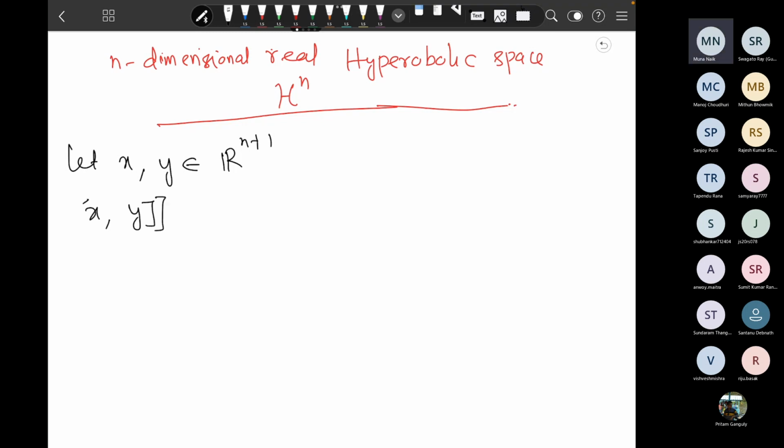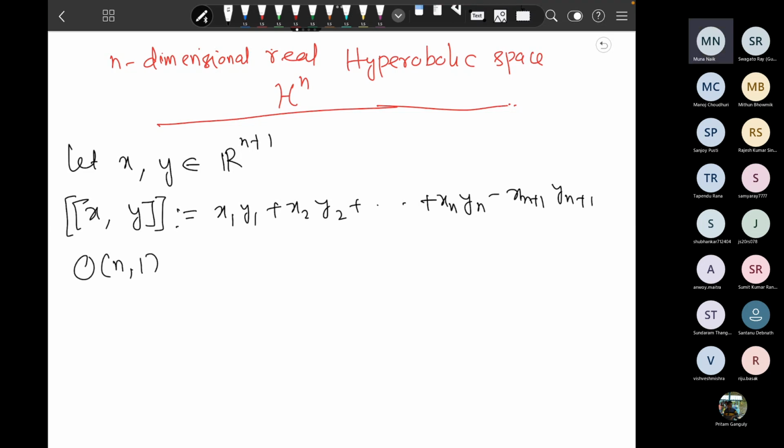We have this bilinear form: x1 y1 plus x2 y2 plus ... plus xn yn minus x_{n+1} y_{n+1}. We know that this is the bilinear form which defines the group O(n,1).